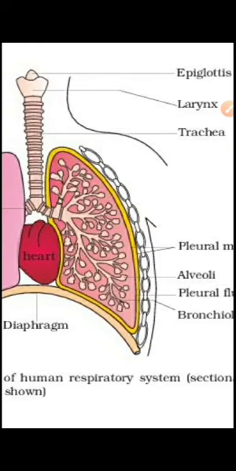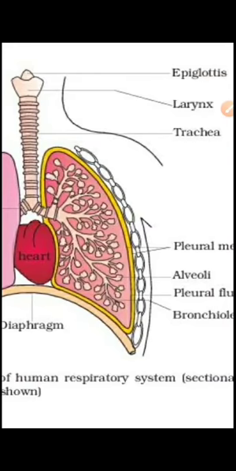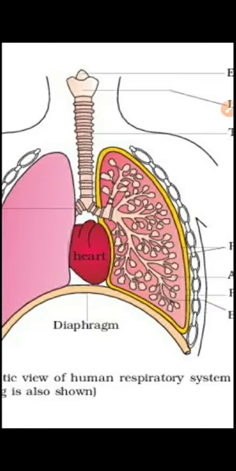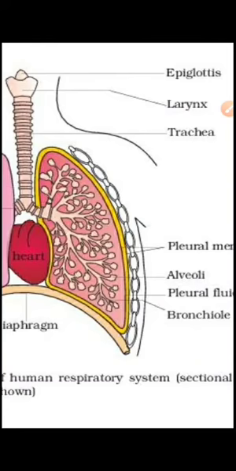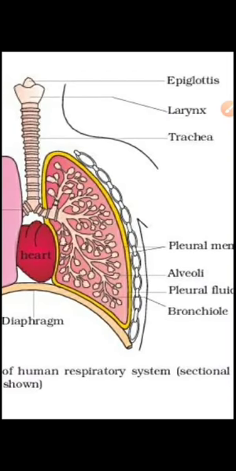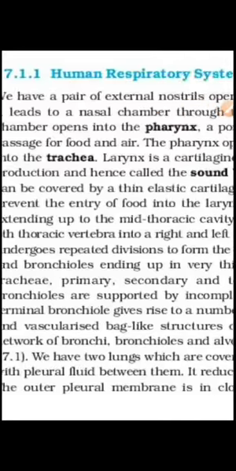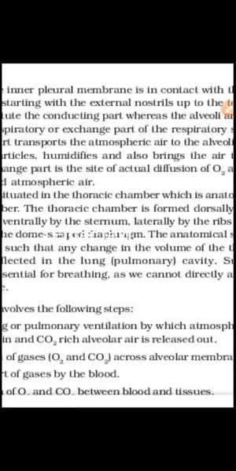That is nostril, then nasal chamber, then larynx or glottis, then trachea, then primary, secondary, tertiary bronchi, and last, terminal bronchiole. All these are conducting parts, and alveoli is the exchanging part, where the gas exchange takes place.